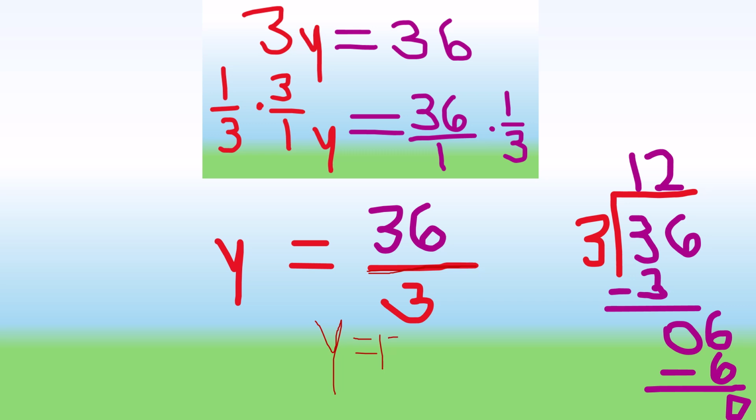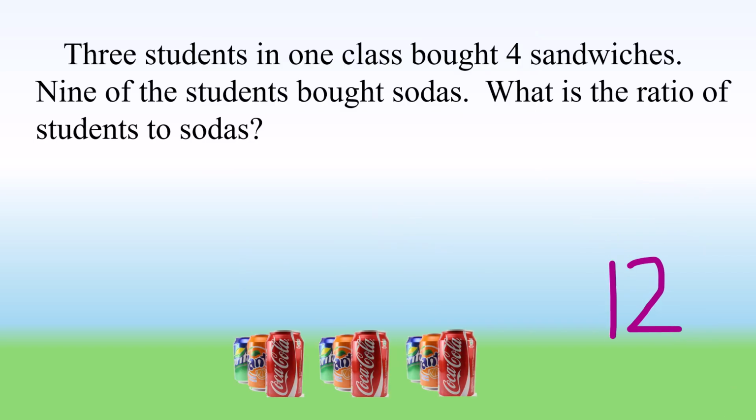Now, if you want to turn this into an equation, it is a ratio, let's look. 3 students in one class bought 4 sandwiches. So look, 3 students, I'm sorry, and 4 sandwiches.